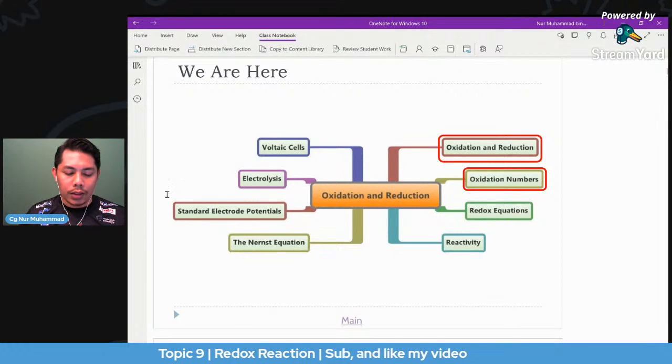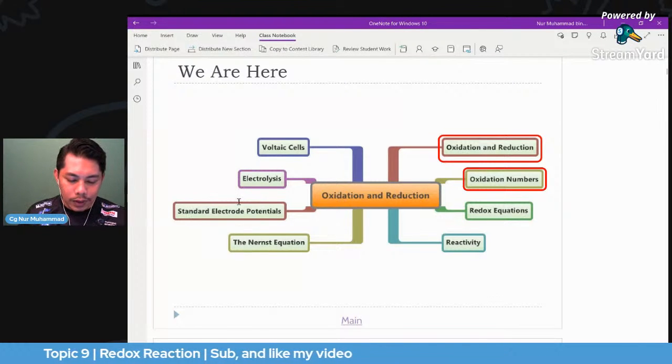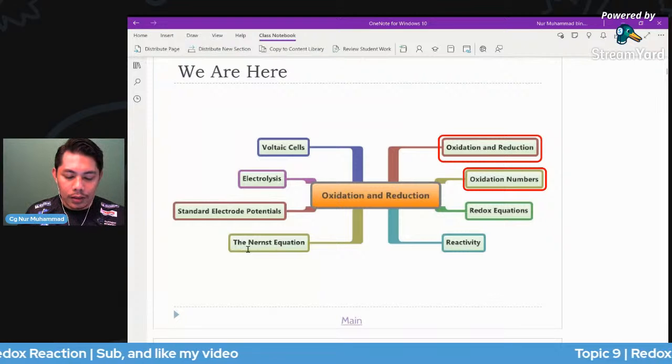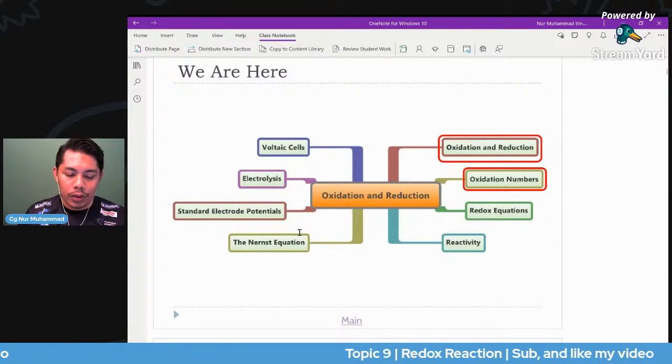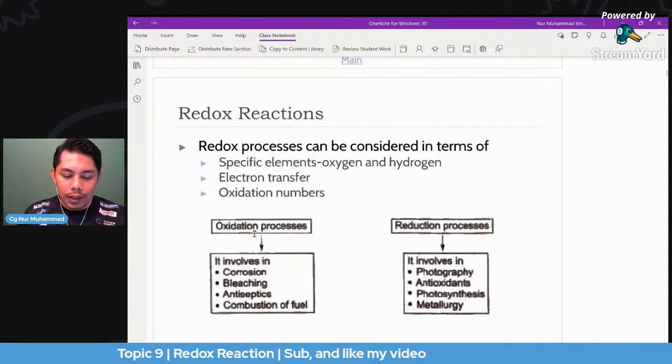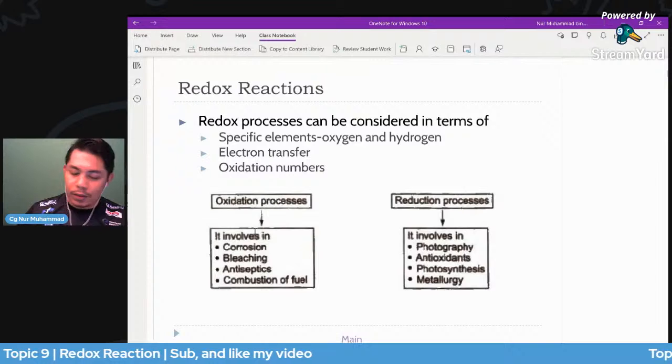This one ada dalam data booklet. And then the Nernst equation, a new equation that is not covered in your SPM syllabus. Okay, class, let's proceed.